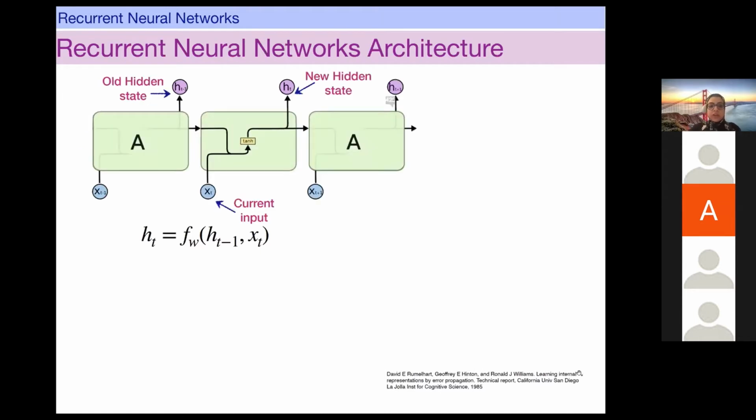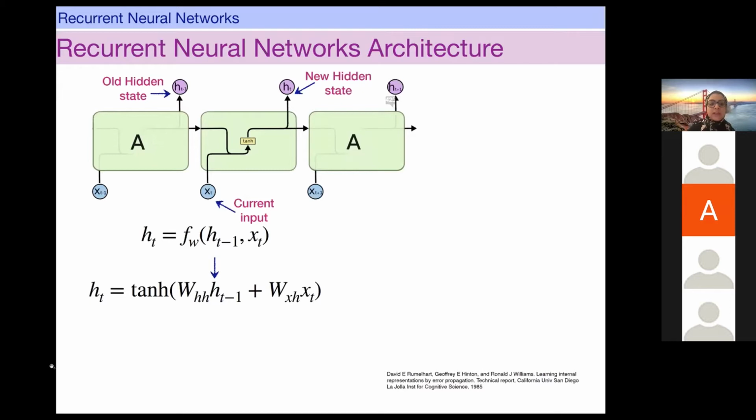So if we zoom a little bit into the architecture, it looks kind of like this, where we have our current input here, we have our old hidden state, and we produce the new hidden state, and in between them there is a tanh.